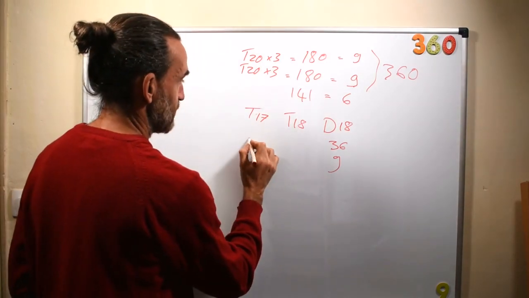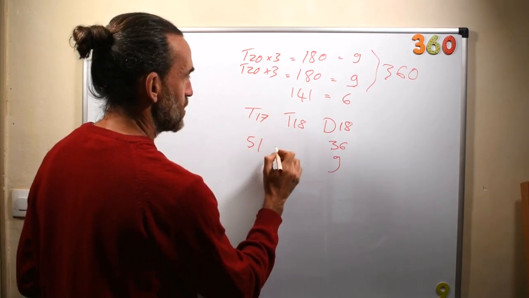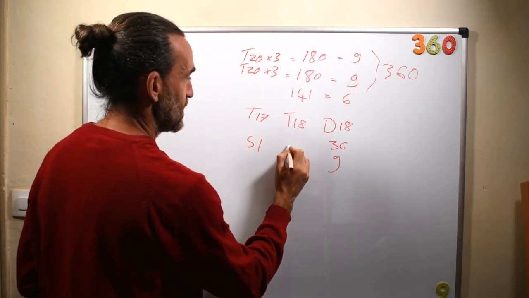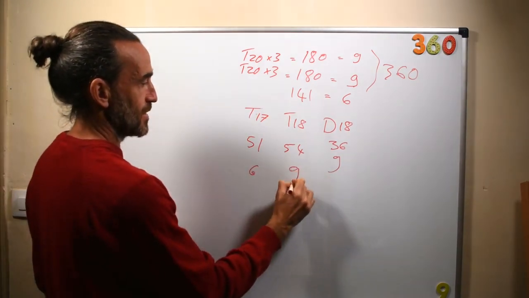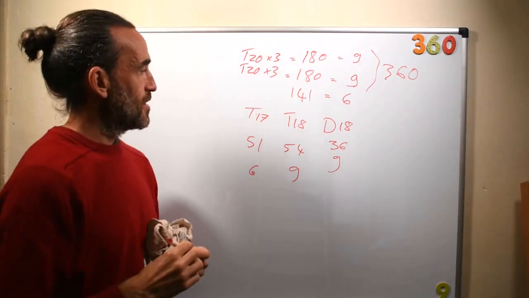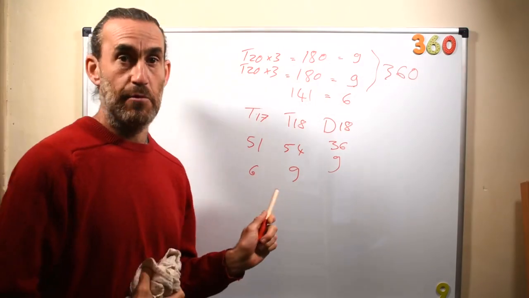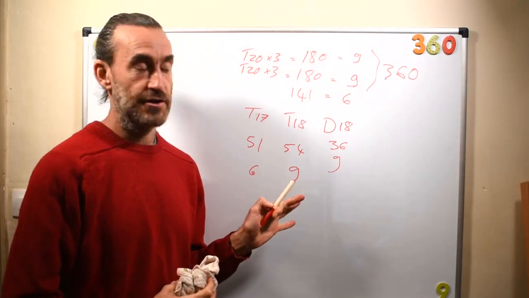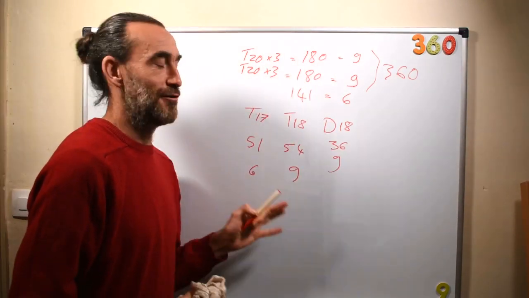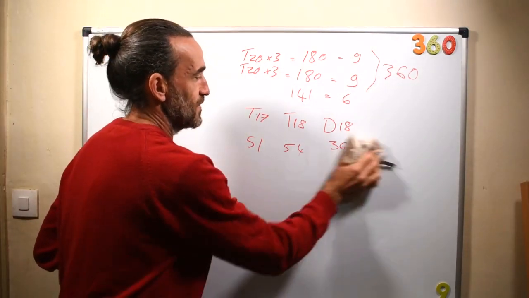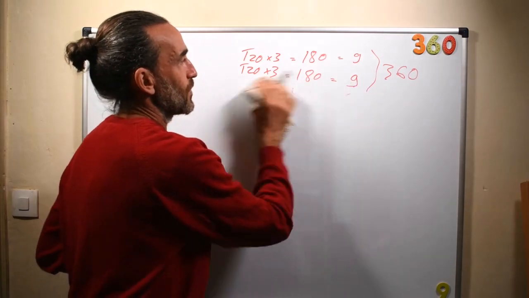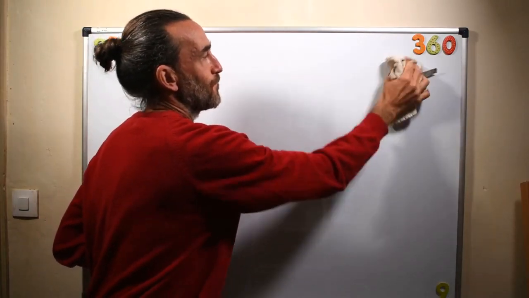This is treble 17, 51. Treble 18 is 54. So again, 6, 9, 9. So there's many different ways, but a lot of the 9-dart finishes are looking like this. They're looking very 3-6-9-ish. So let's get rid of all that for now.